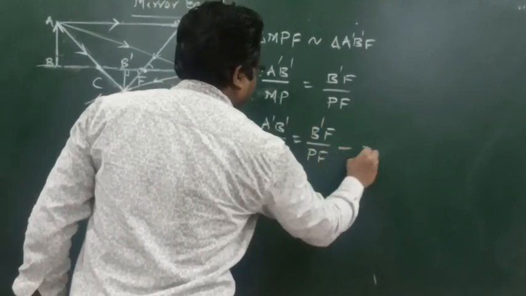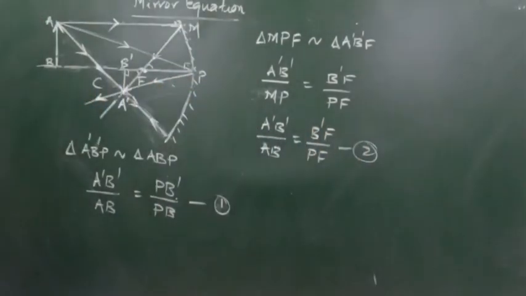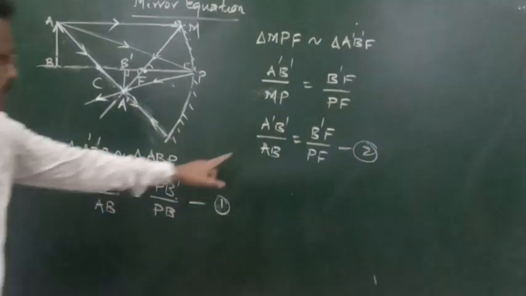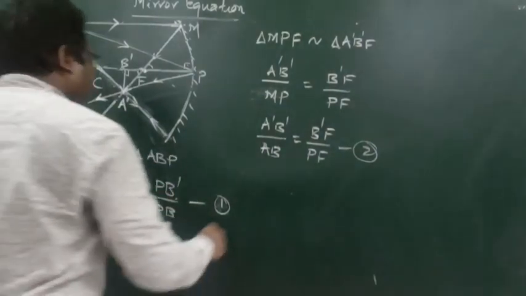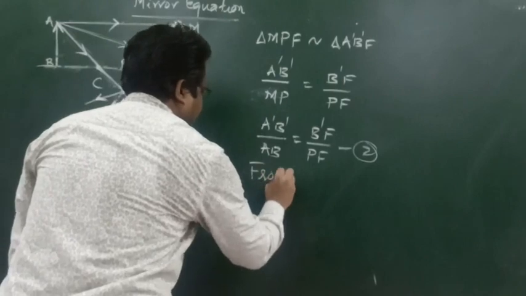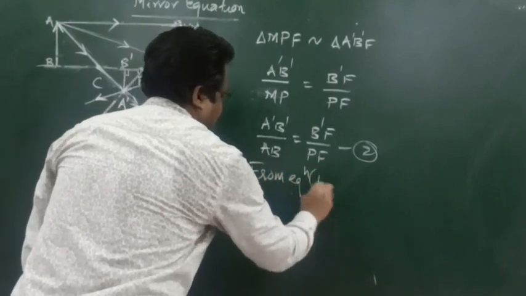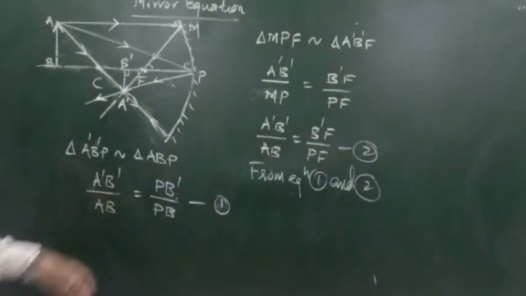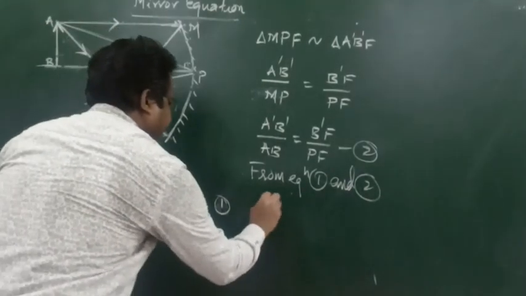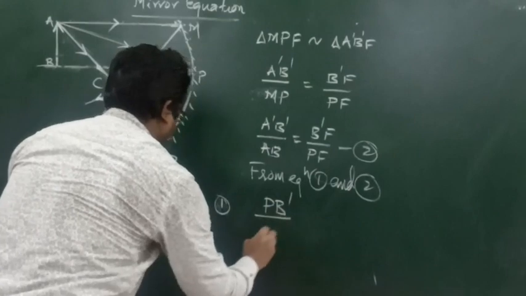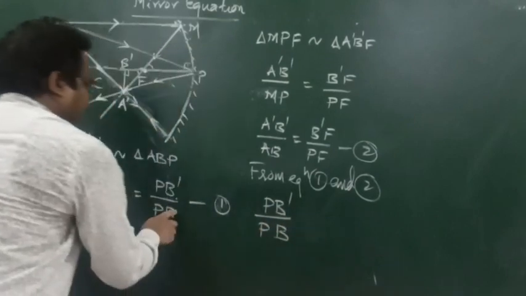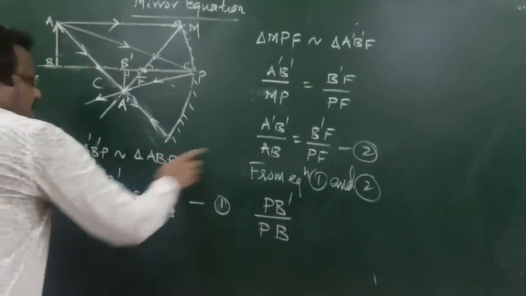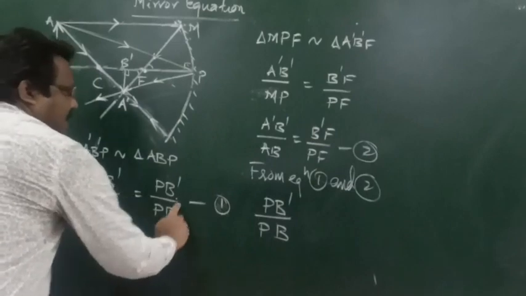Now, if you think of these two equations, you will find that these two equations have the same left-hand side. So from equation 1 and 2, the right-hand side also should be equal. So P B dash upon PB, left-hand side is the same, equals the right-hand side here.